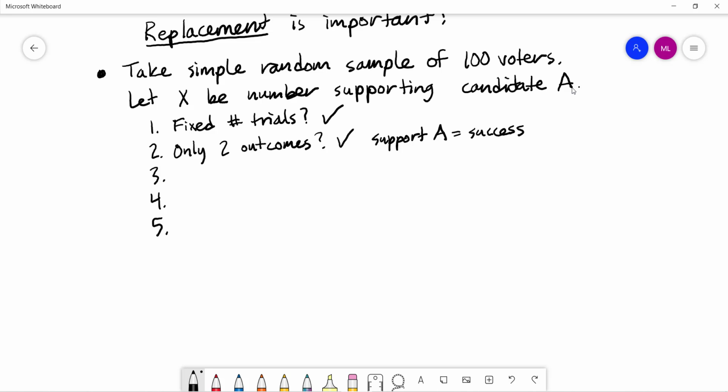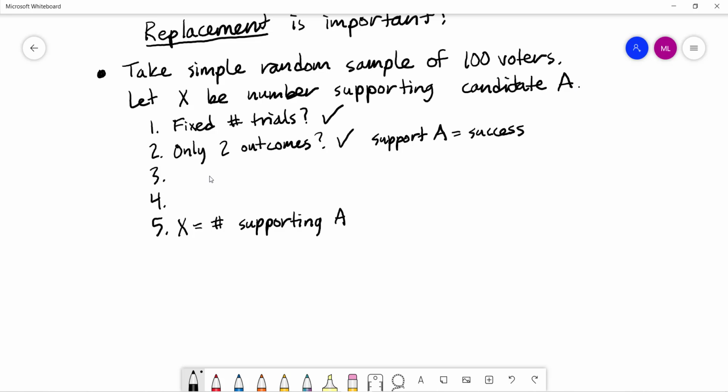Do you support candidate A? Yes or no? So if you support A, that's a success. If you support anybody that's not A, that's a failure. So yes, we can frame this as having only 2 outcomes, as long as X equals the number supporting A, which is the definition that we used right here. We've let X be the number of successes.